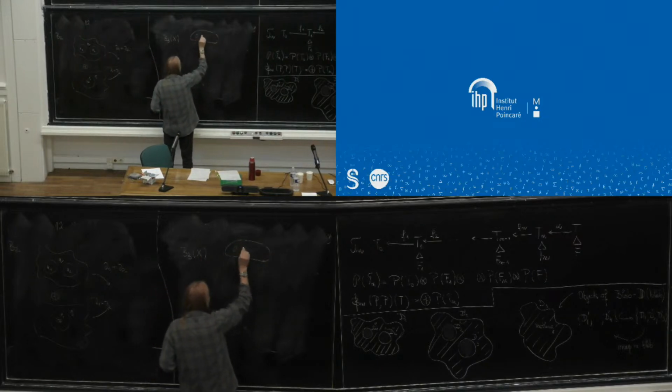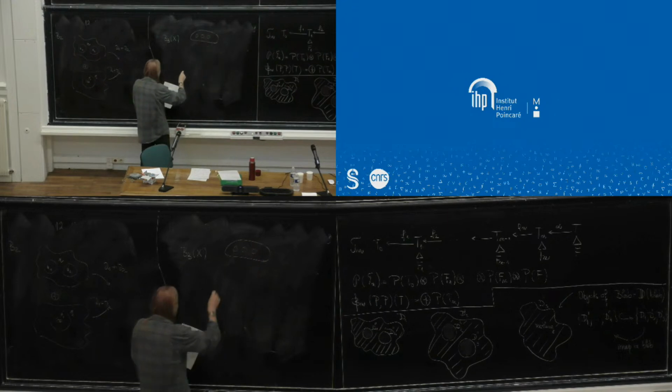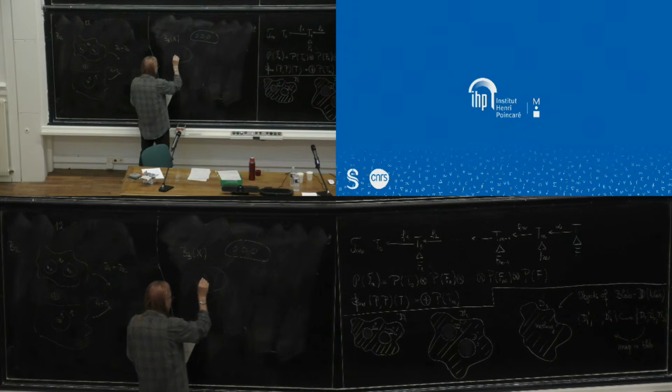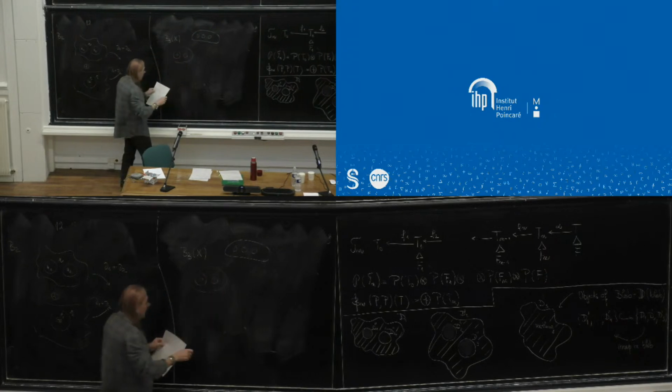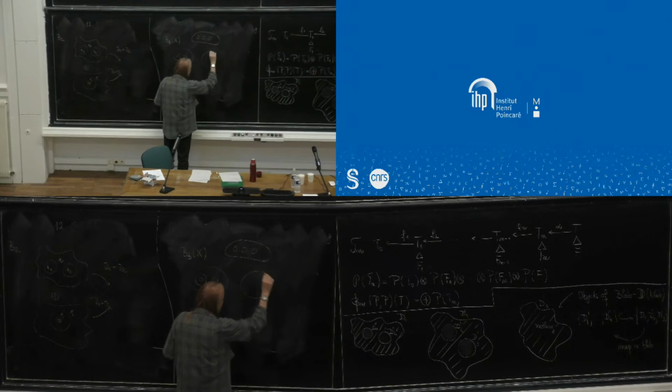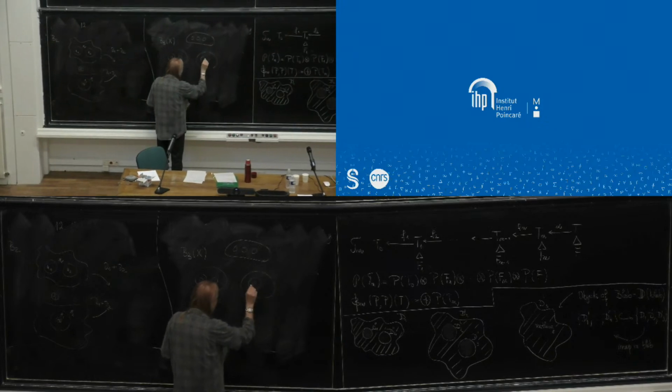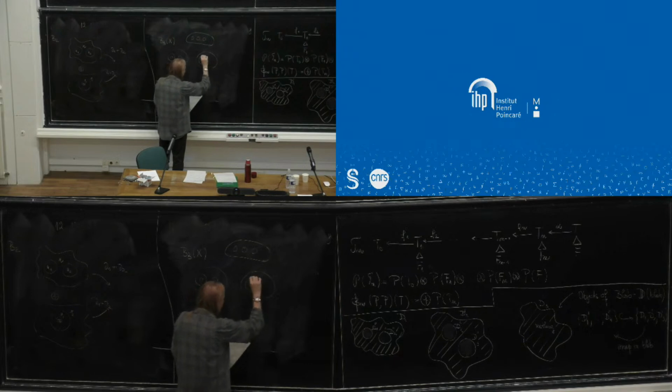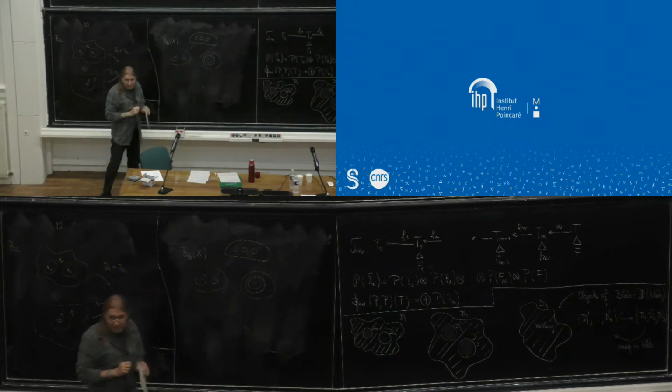You may have three disjoint blobs, or you may have blobs 1, 2, and 3 nested, or you can have 1, 2, well, okay, something like this, and so on.